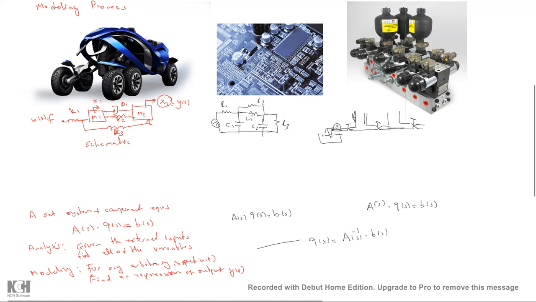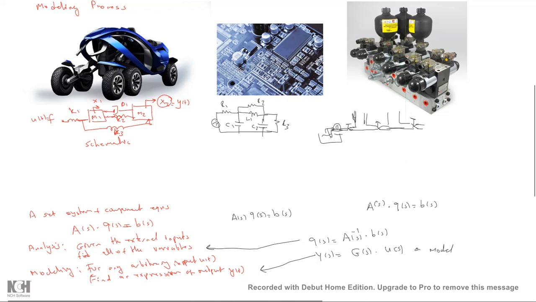This is the analysis part. If you try to find out Y of S as a function of U of S, this is what we call the model. So this is a model, of course, in S domain.